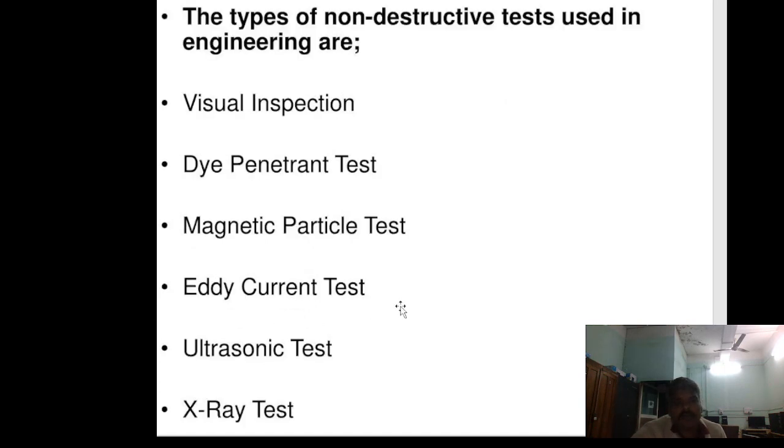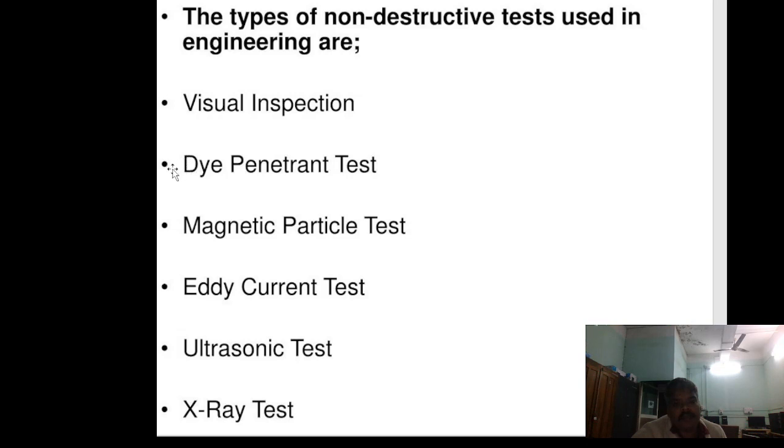The types of non-destructive tests used in engineering are visual inspection, dye penetrant test, magnetic particle test, eddy current test, ultrasonic test, X-ray test. By visual inspection, we can see if there is a porous structure or any crack in the structure. So from the naked eyes, we can see all these things.